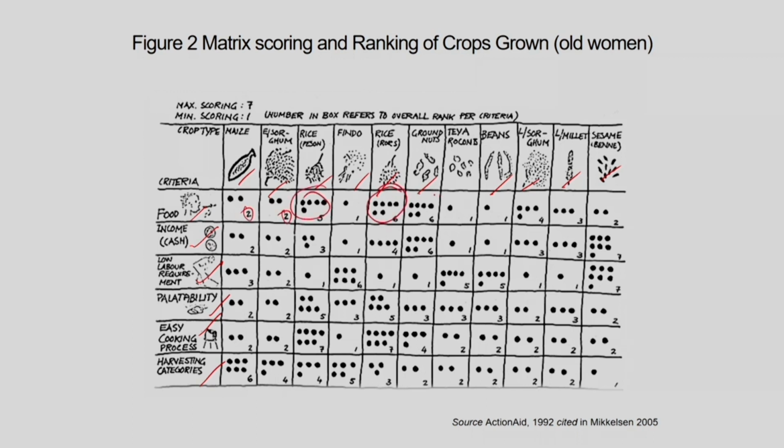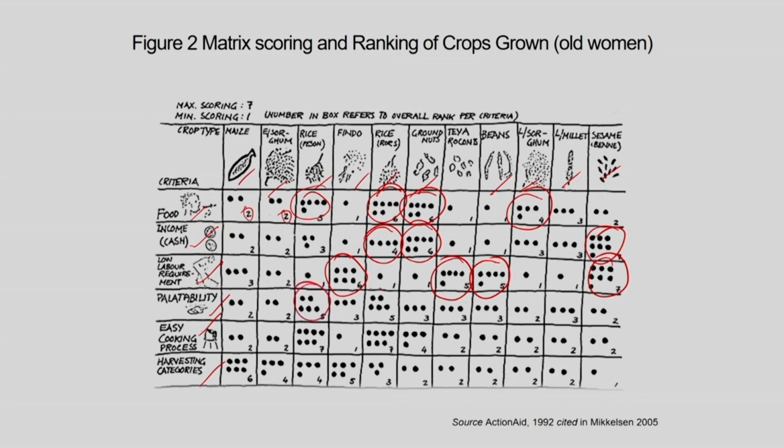Rice here, groundnuts and sorghum are given more importance. In terms of cash incomes, a certain variety of rice, groundnuts and sesame here are given more scores. In terms of labor requirements, these have high labor requirements, these have less labor requirements. So, these are crops which are preferable because of low labor requirements.